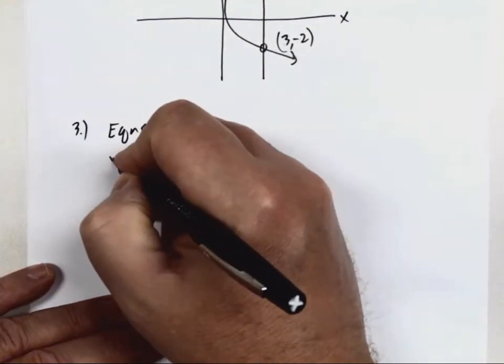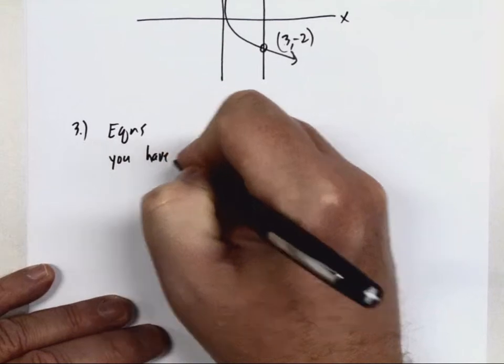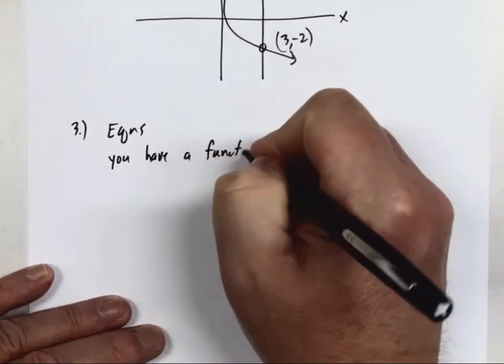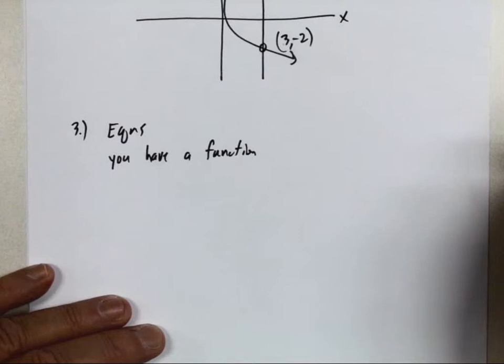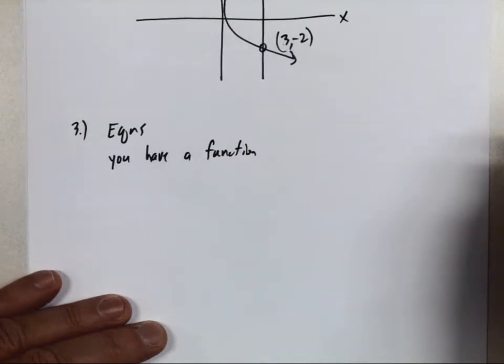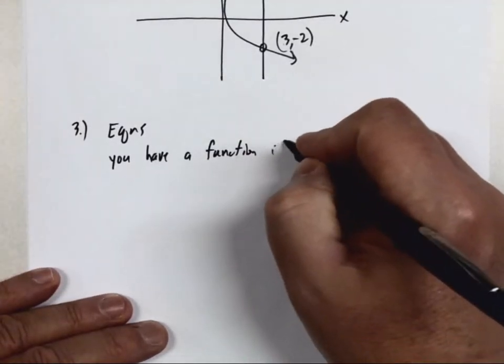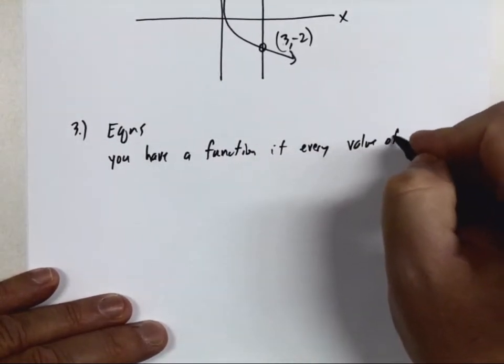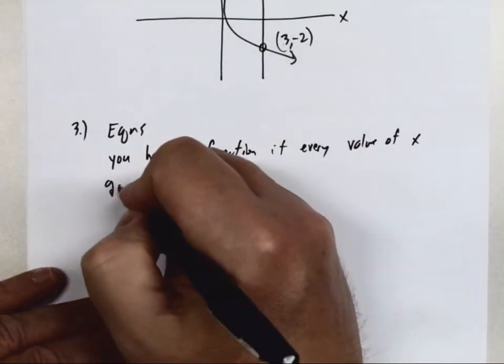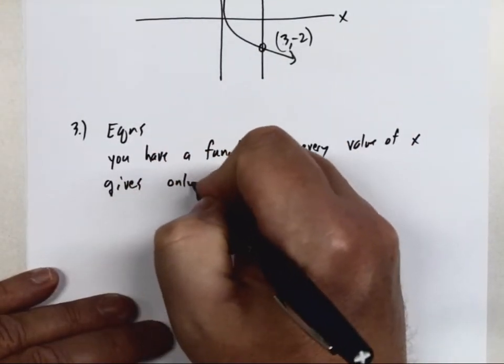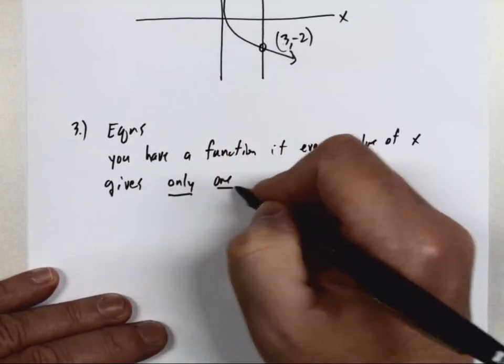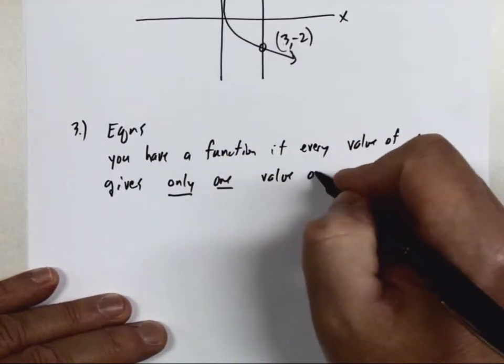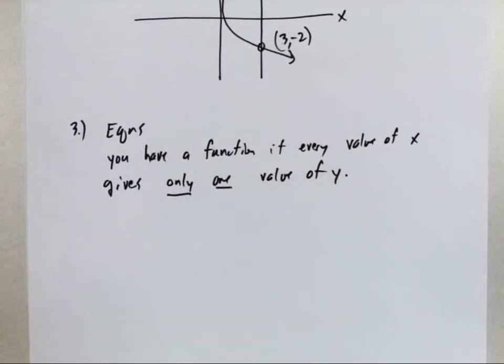I'll put it this way. You have a function if every value of x gives only one, that's the key, value of y.